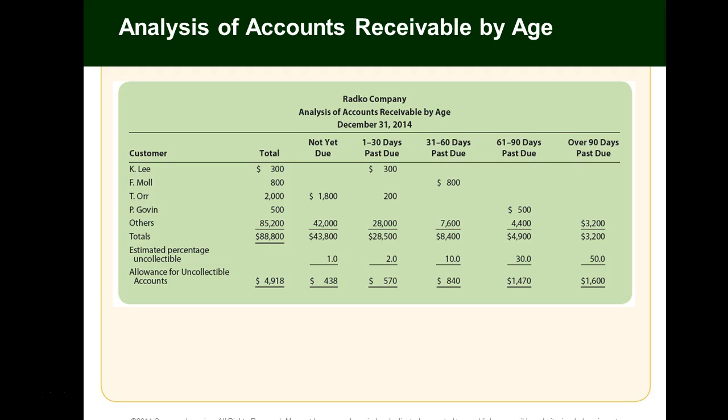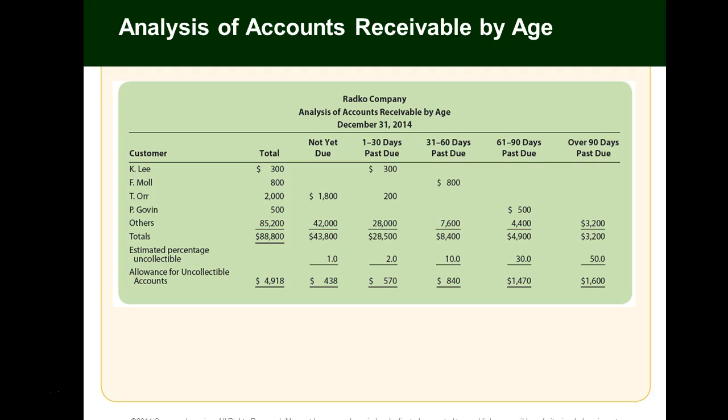From 31 to 60 days past due, we're dealing with $8,400. From 61 to 90 days past due, we're dealing with $4,900. And those that are over 90 days past due, we're dealing with $3,200.